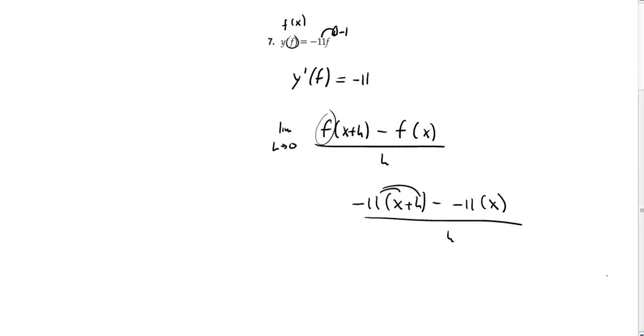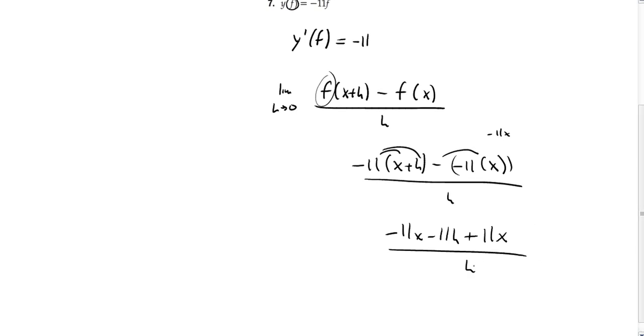So we can distribute negative 11x minus 11h, and then that equals negative 11x. We distribute the negative, so that becomes plus 11x all over h. So those cancel, they're opposite terms. Negative 11h over h. H cancels, which equals negative 11.